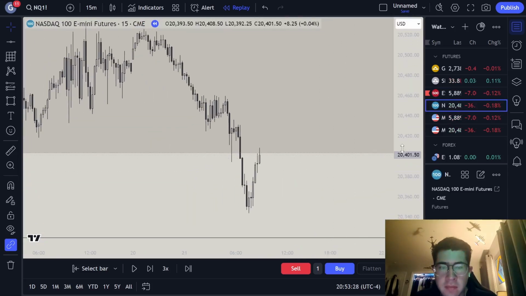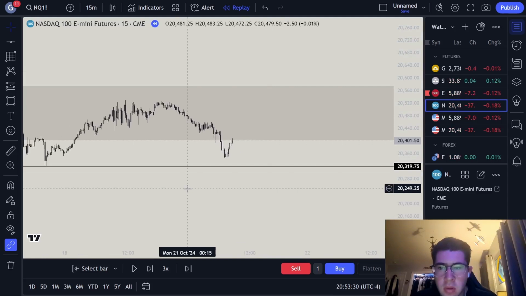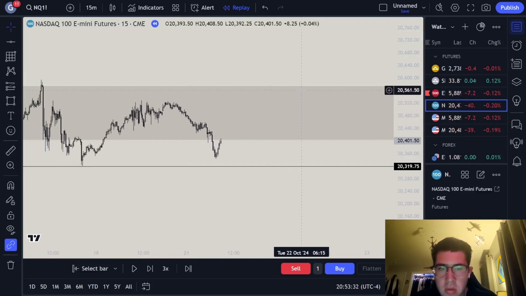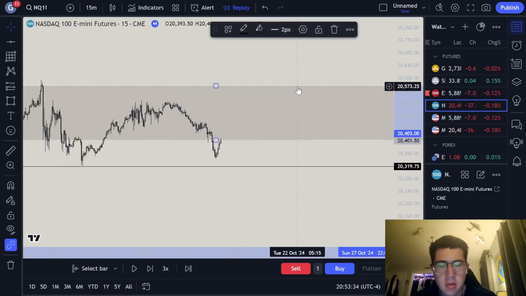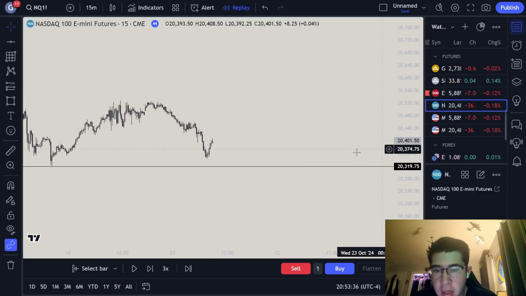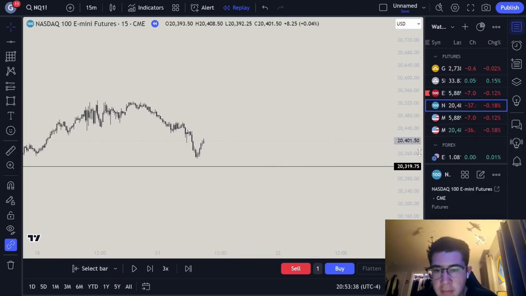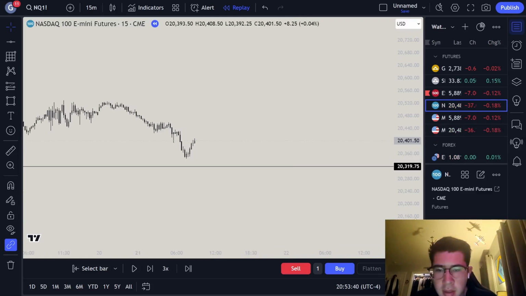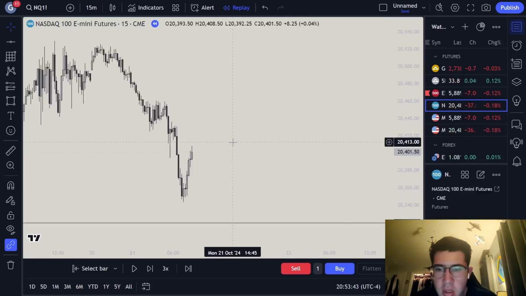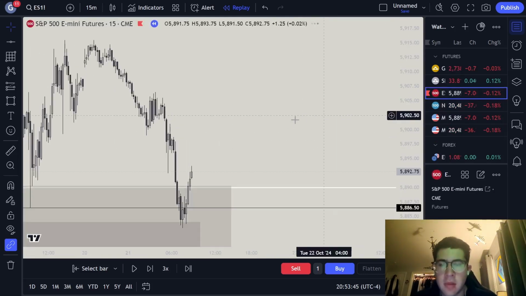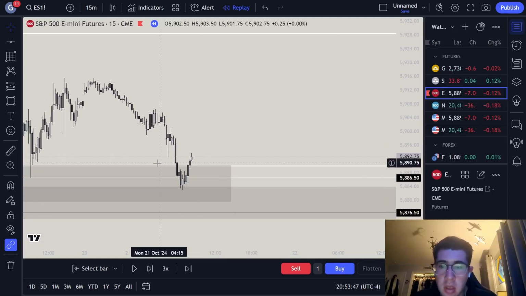And then NQ. This is the imbalance, so I'll just remove this. Okay, NQ. Like I said, I'm not fond of it. Where is price likely to target? Let's look at that. On ES, I'm thinking this demand zone right here, or these highs.